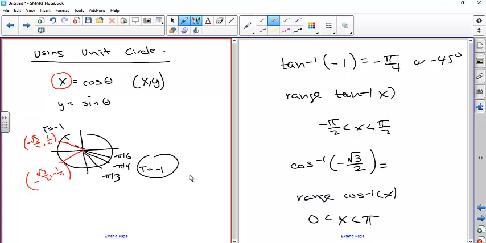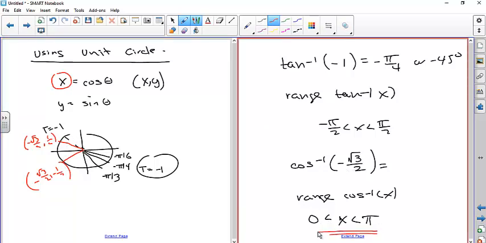So both of these have an x-coordinate of negative the square root of 3 over 2, but the range says that it's going to be between 0 and pi. So in this case, I can just read it directly off the chart. This angle here is going to be 5 pi over 6, or 150 degrees.